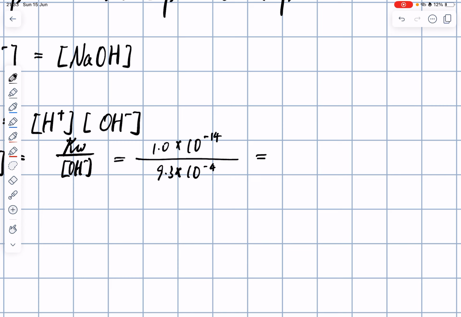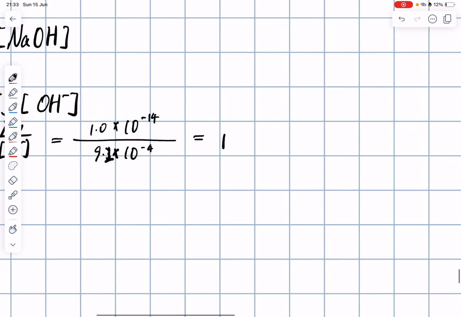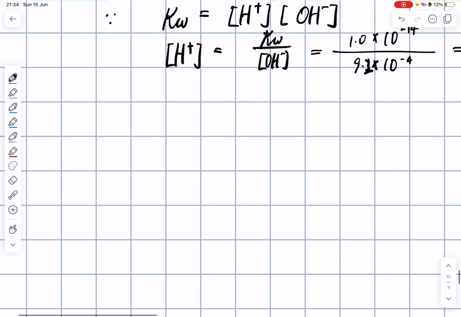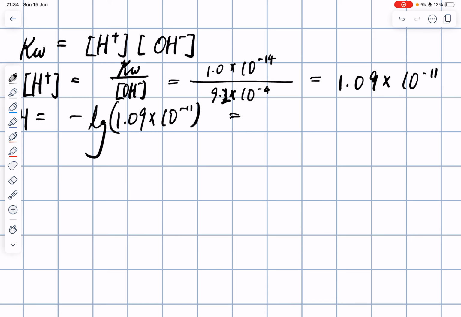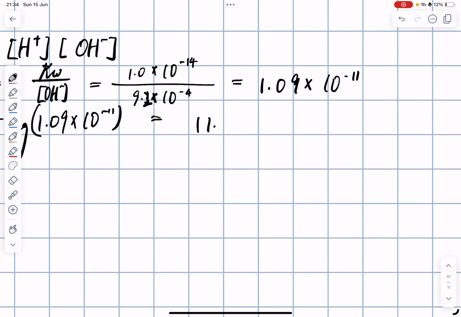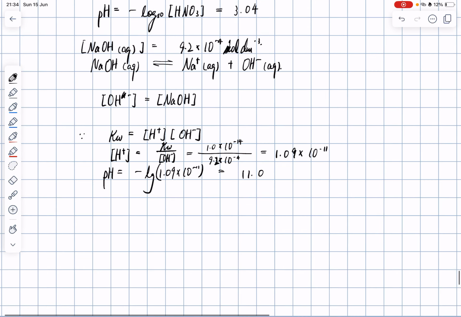So we get the answer 1.09 times 10 to the power of -11. And so, nice and easily, pH should be 11.0. Yeah, that's pretty simple.